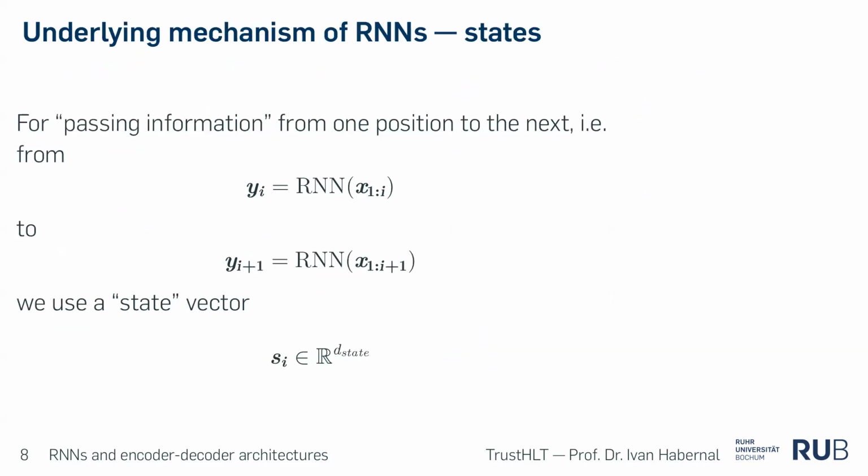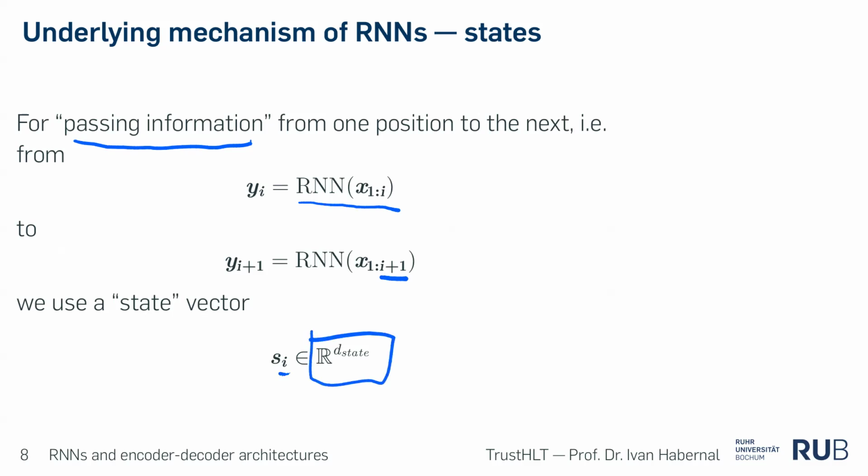So let's start with this question. We're passing information from one position to the next, from something at position i to position i plus 1. And for this, we're going to use something very simple, just a vector. So we call it a state vector. A state at position i is just a vector somewhere.